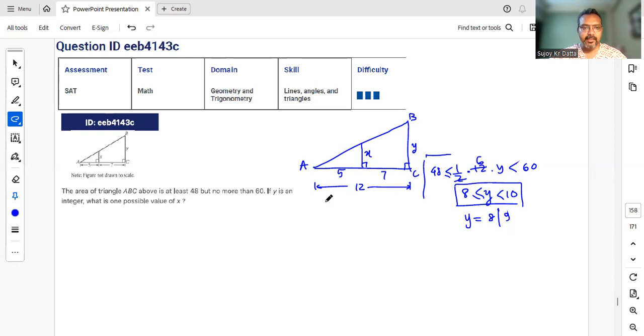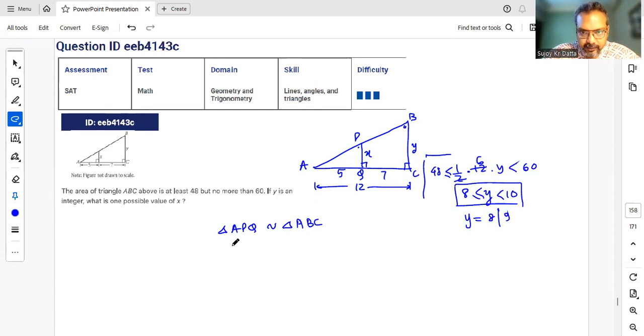Now they are asking what could be the value of x. So if you look, let's say call this PQ, triangle APQ is similar to triangle ABC. Because this is 90 degrees, same, and this angle will become equal, corresponding angles, because PQ must be parallel to BC, right?